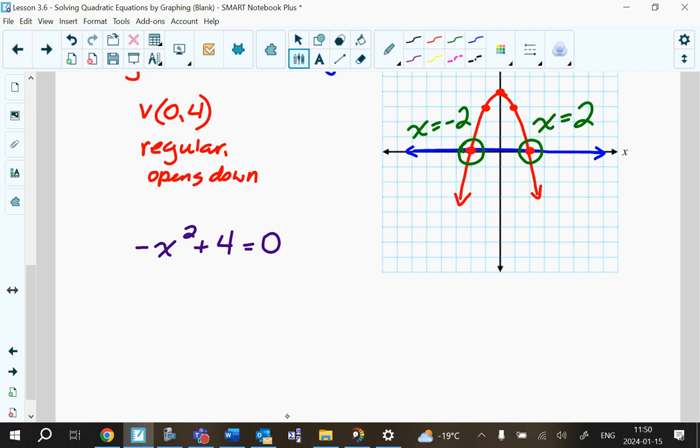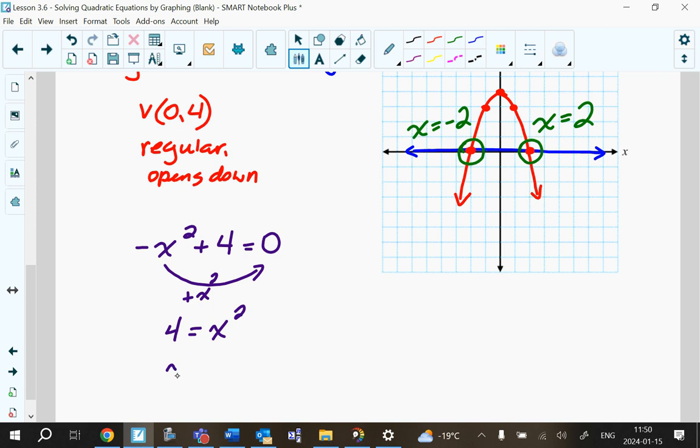No. So this is where I'm going to do the plus minus square root. So I need to get x squared by itself, but x squared needs to be positive. So move this over here by adding x squared. So we get 4 equals x squared.